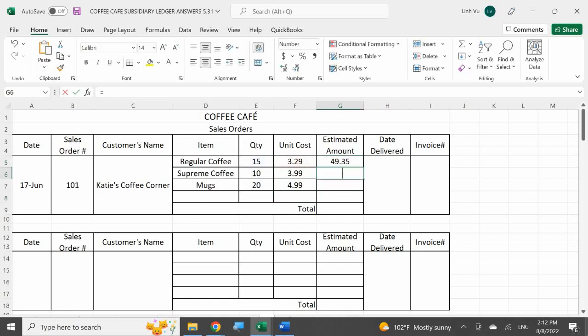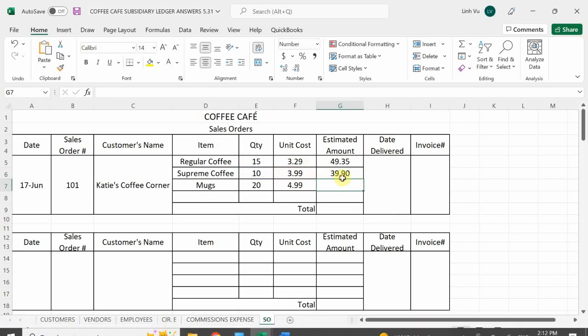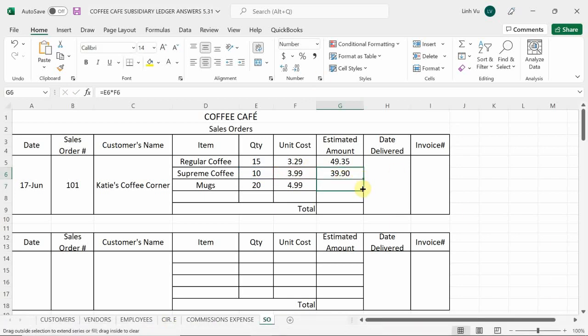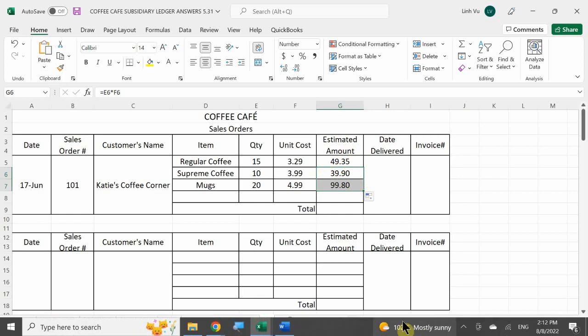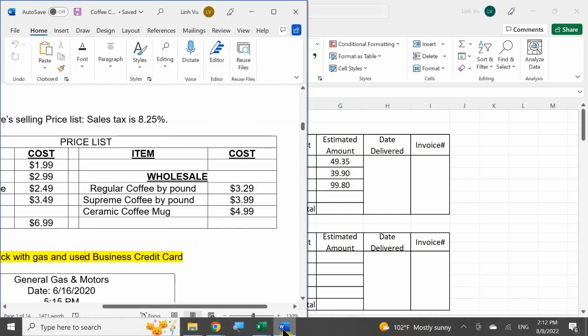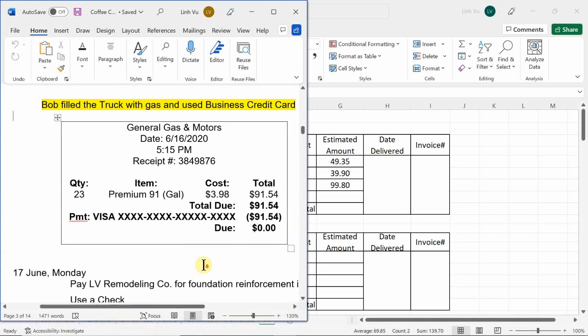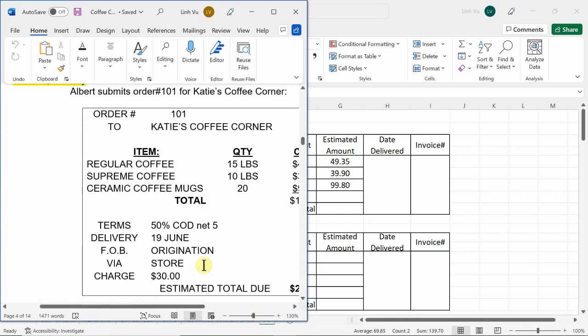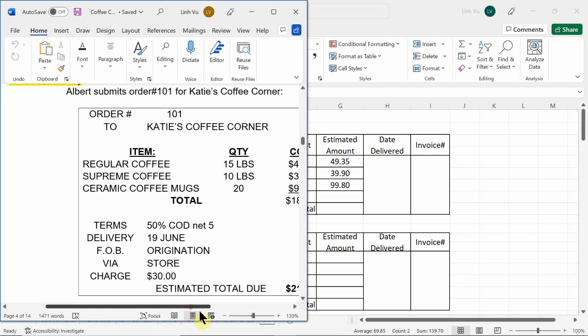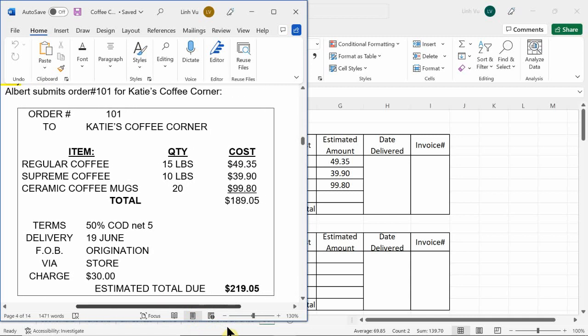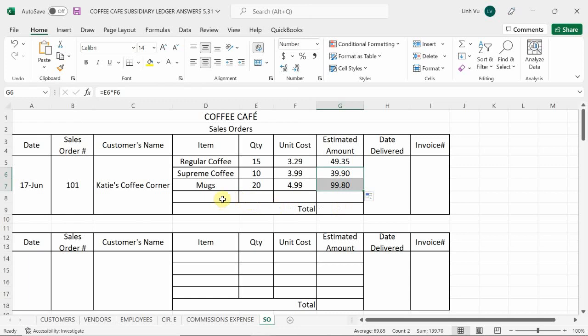If I go ahead and multiply these across, these numbers should match your sales order form. Do I have $49.35 for the regular coffee, $39.90 for my Supreme coffee, $99.80 for the coffee mugs?